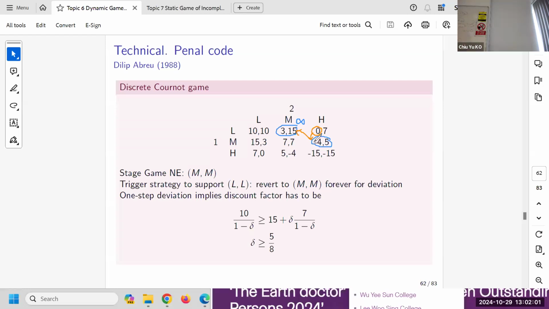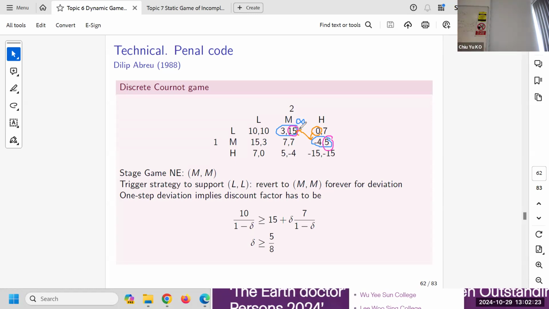So you want the blue one to be better than the orange one. Okay. But you also require that player 2 is the same, right? Because player 2 will also be the same, looking at 5 and 15 forever, right?